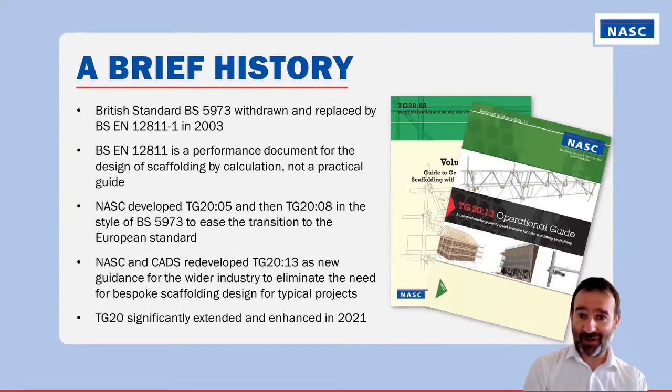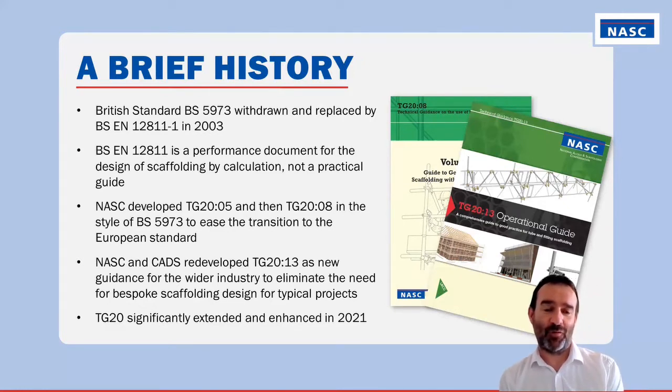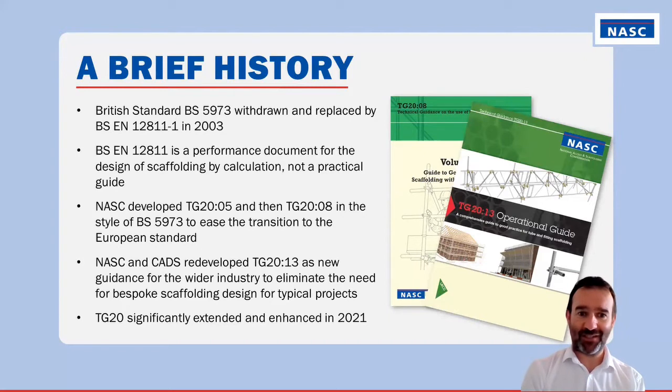So a little bit about the origin of TG20. As you know, the British standard for scaffolding, BS 5973, was withdrawn back in 2003 and replaced with the European standard. If any of you have seen the European standard, you'll see it's not really a replacement document.